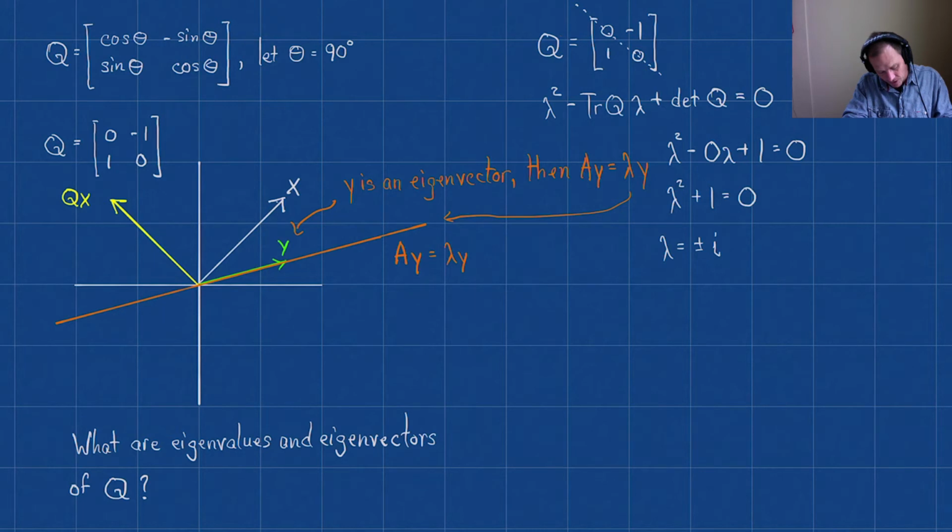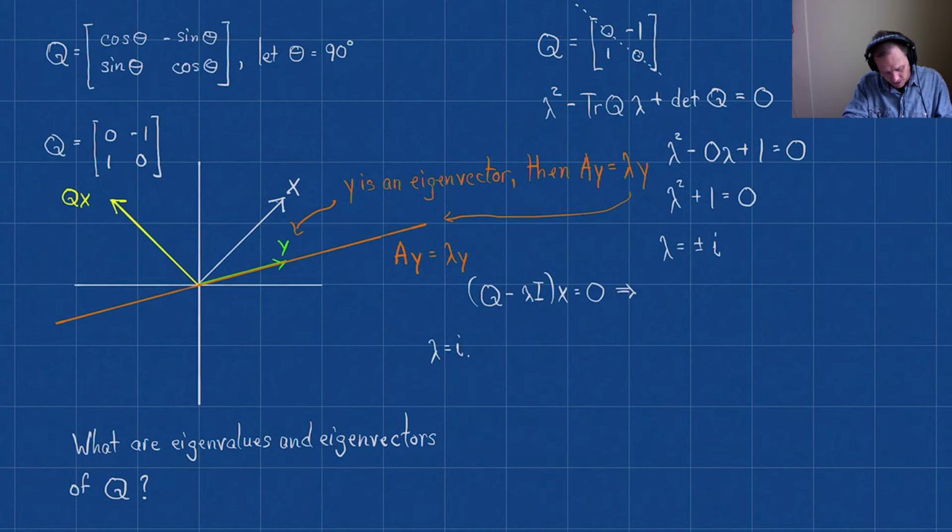What we have to solve is Q minus lambda I times some vector x equals 0. We'll do lambda equals i.